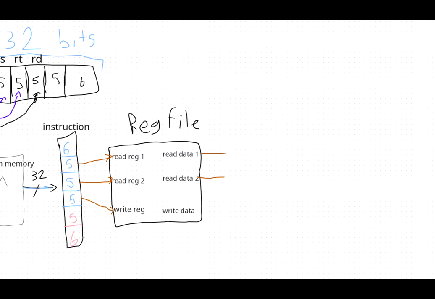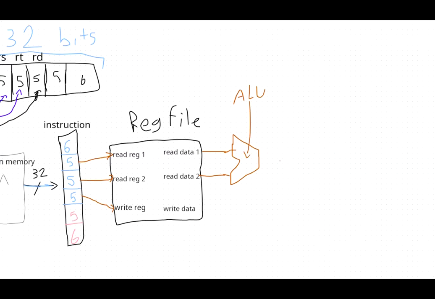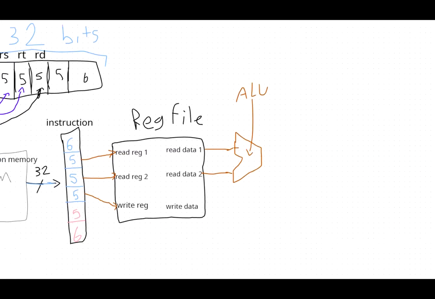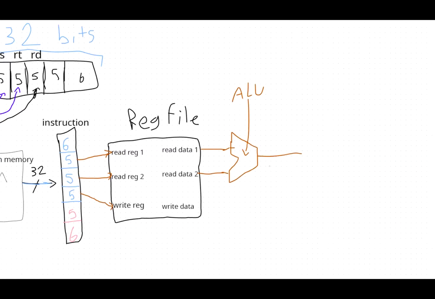Let me make that better. Something like this. All right. Each one is going to go into the input here. So this is our ALU. Now we're going to add them, and out here is going to be the sum of what's inside the registers.